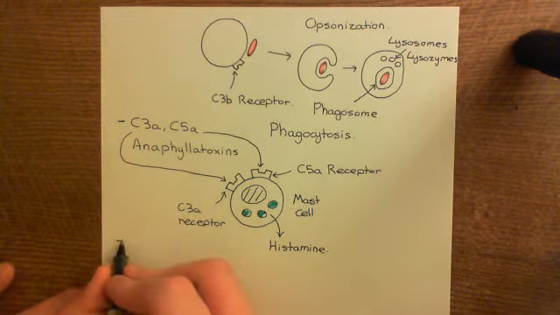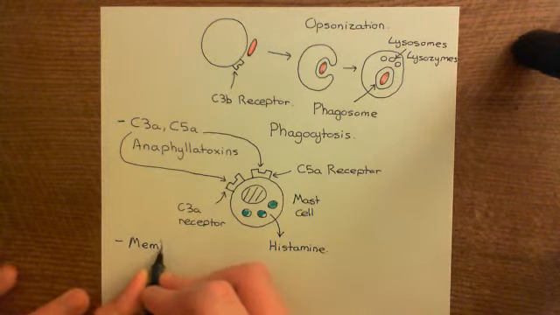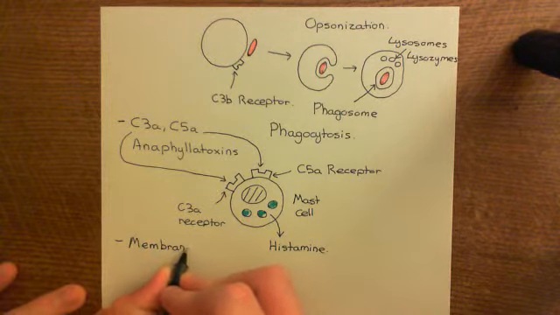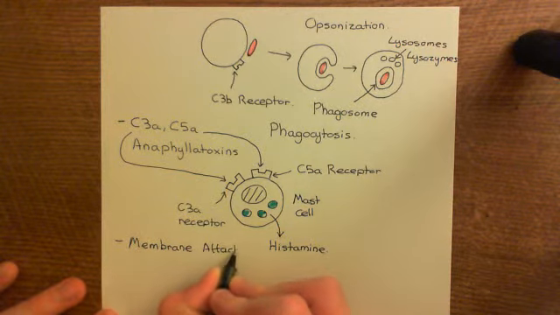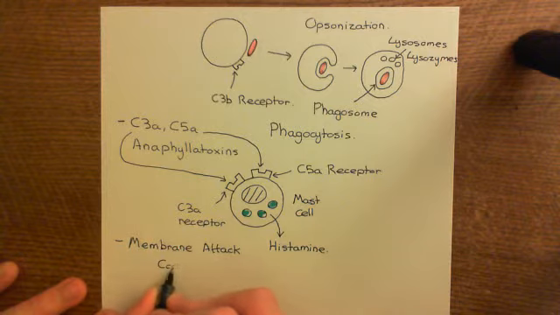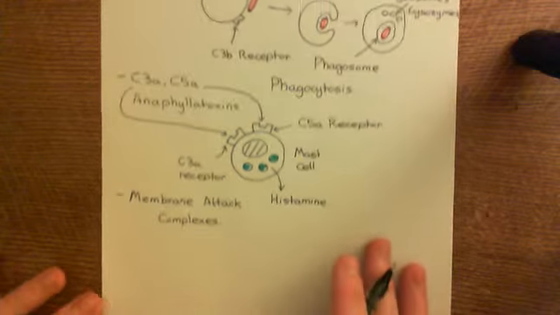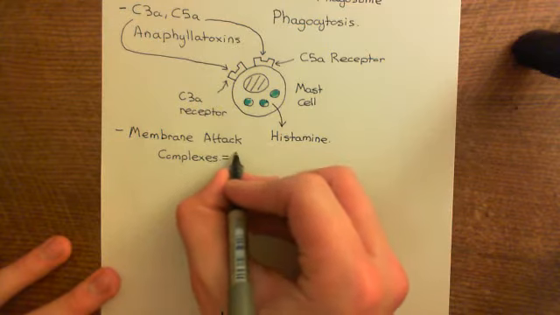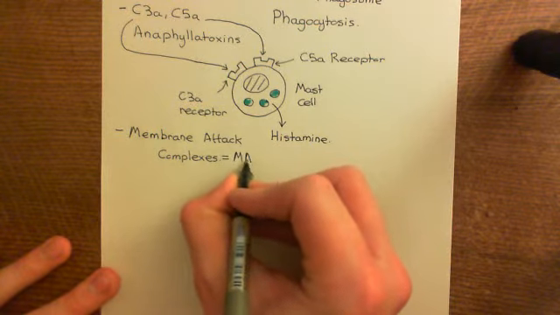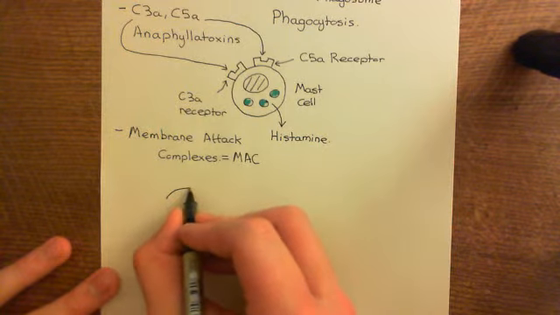Finally, the other thing that the complement cascades do is that they produce membrane attack complexes. These are structures that are capable of attacking microbes in their own right, so they don't need macrophages to help them to actually kill the microbe. Basically, membrane attack complexes, or MACs for short, are little tubes in the surface of the microbe.